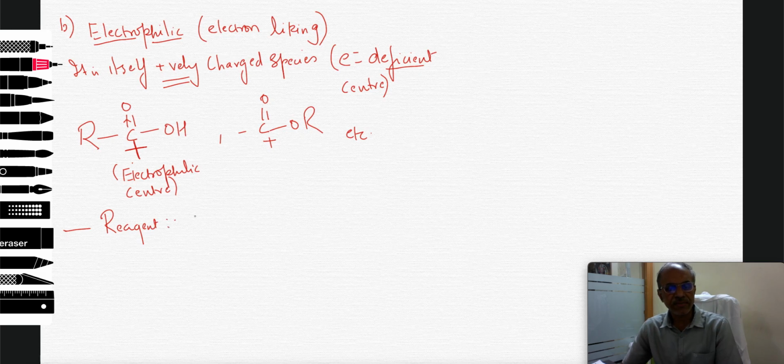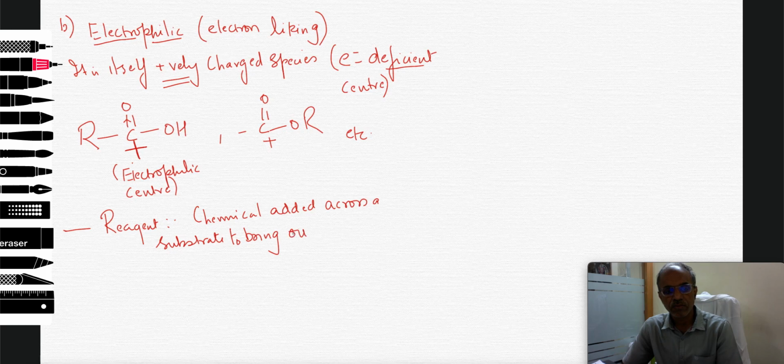As I told, it is a chemical added across a substrate to bring about specific changes in the substrate, thus forming the product.